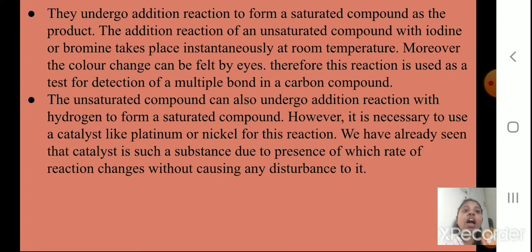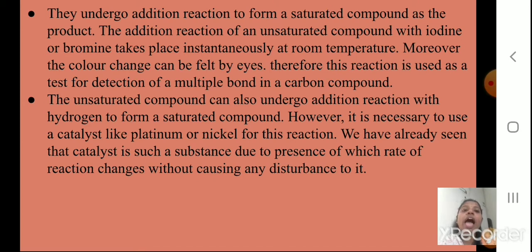The unsaturated compound can also undergo addition reaction with hydrogen to form a saturated compound. However, it is necessary to use a catalyst like platinum or nickel for this reaction. So it is compulsory to use a catalyst. We have already seen that a catalyst is a substance due to the presence of which the rate of the reaction changes, without itself being changed. You know what a catalyst is, right? We are just using it to increase the rate of the reaction.